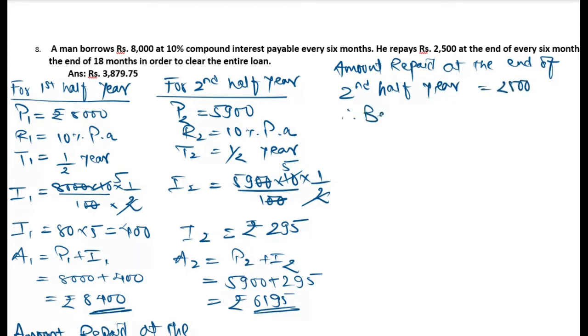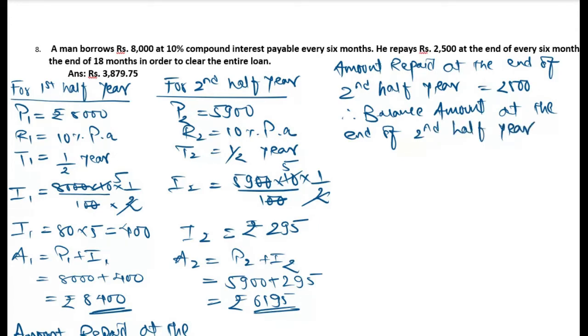Therefore, balance amount at the end of second half year is equal to 6,195 minus 2,500, which is 3,695.